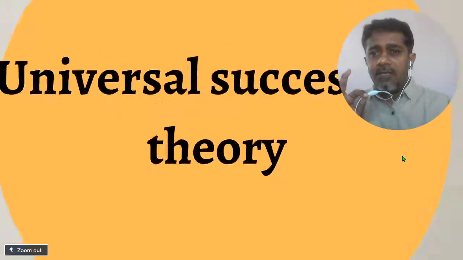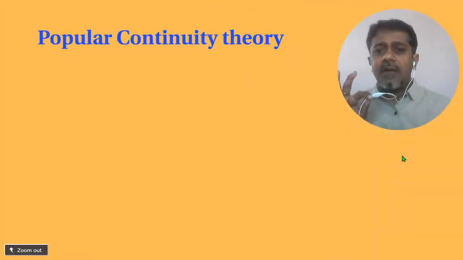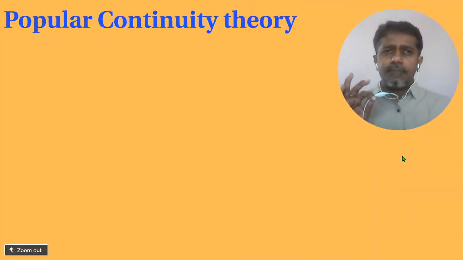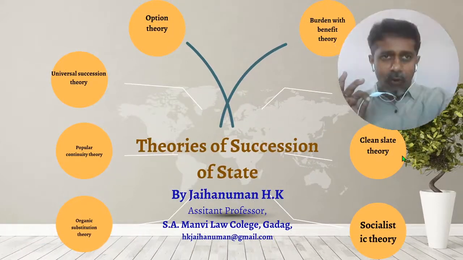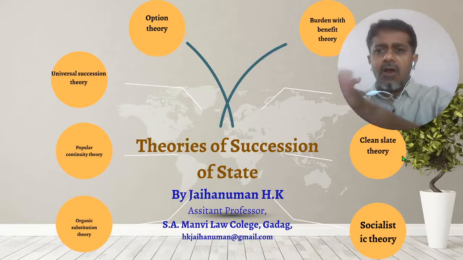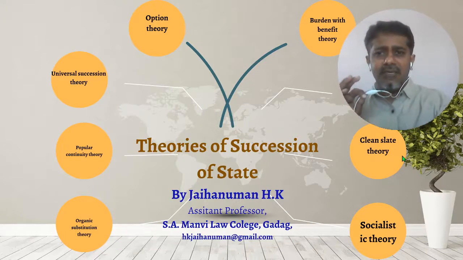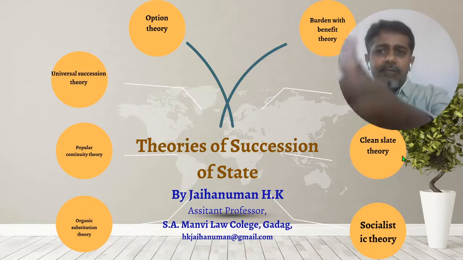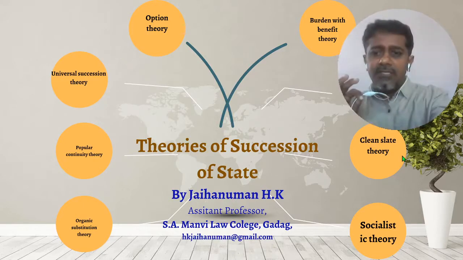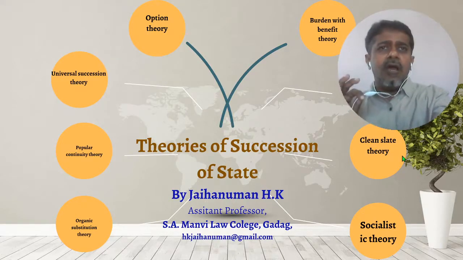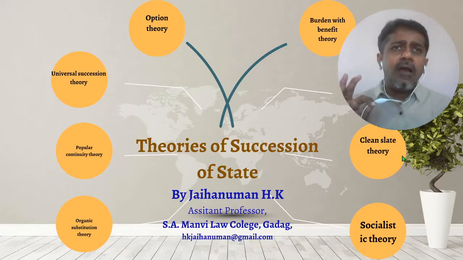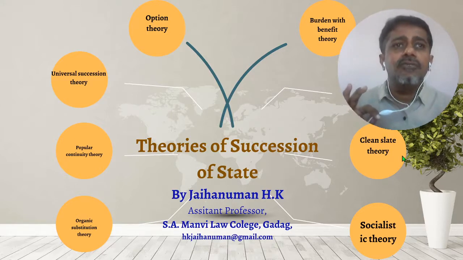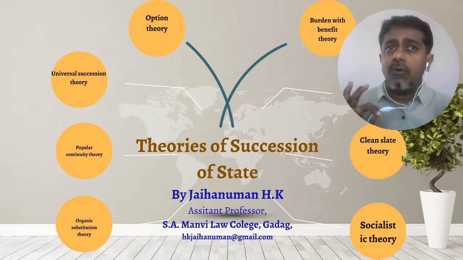Okay, moving further, the next one is popular continuity theory. If we go back to this chart outline, almost all these theories which are on the left side, basically the mainframe, universal succession theory, popular continuity theory, organic substitution theory, and even to some extent self-abnegation theory on the other side, they all are different phases of universal succession theory. That is an important thing which all of us should know at the outset.